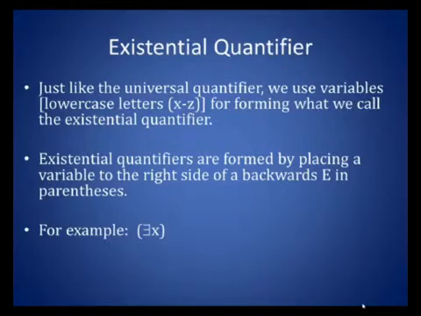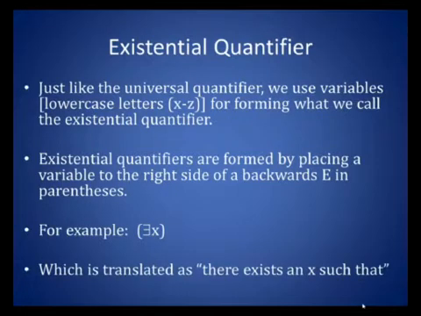Remember, for the universal quantifier, we just put an individual variable in the parentheses. For an existential quantifier, we're going to put the backwards E and then the variable just to the right side of it in parentheses. And this is translated as there exists an x such that, which will become more clear when we start doing some examples.